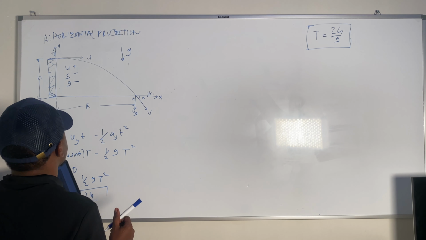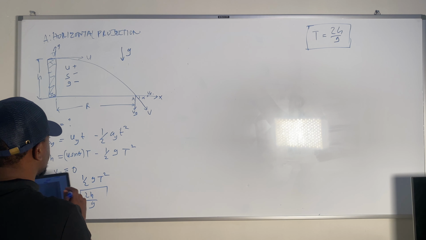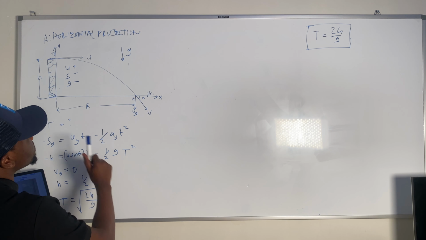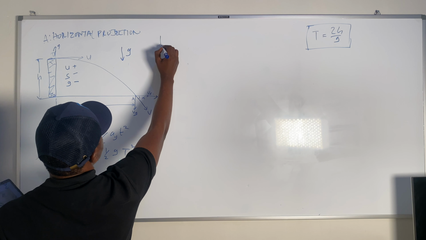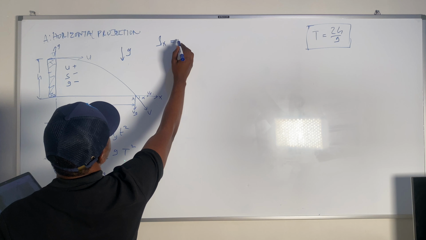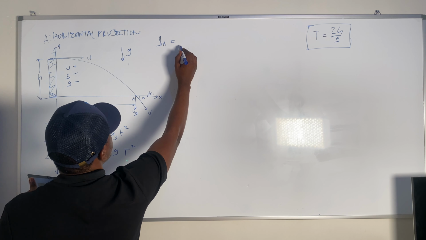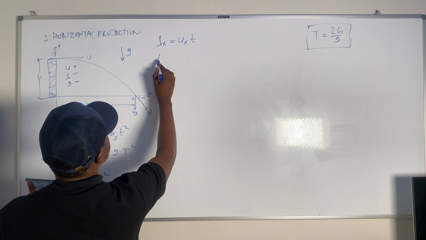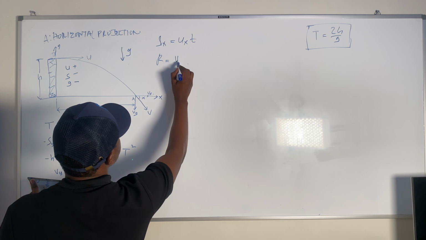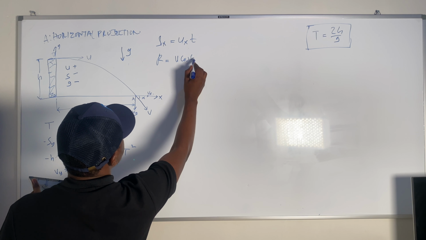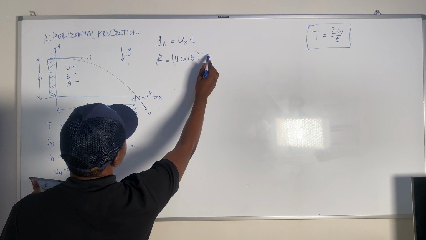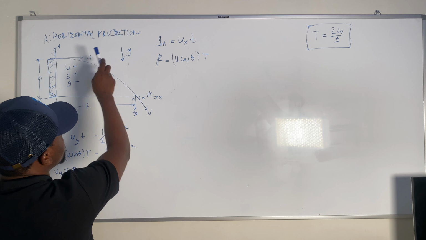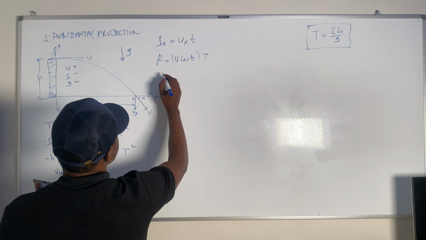Now we have to find the expression for range R. We know that the s in x direction is equal to velocity in x direction times t. So range will be equal to u cos theta times t, of which the angle of projection is 0 and the cosine of 0 is 1.